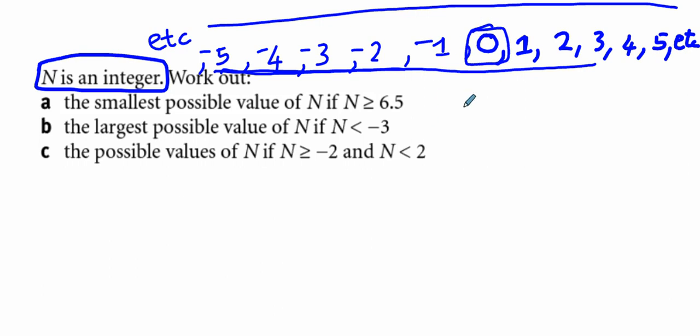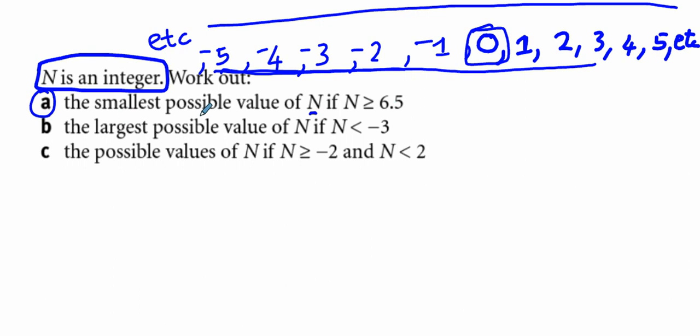So, question A. The question is, work out the smallest possible value of n if n is greater than or equal to 6.5.